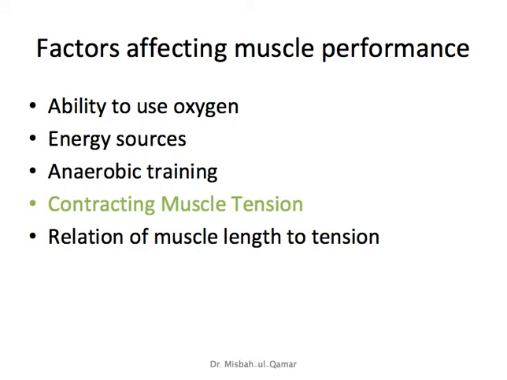Muscles also improve in the efficiency with which they use energy sources such as fats. Anaerobic training such as weightlifting increases the muscle bulk because it increases the size of individual fibers within the muscle.